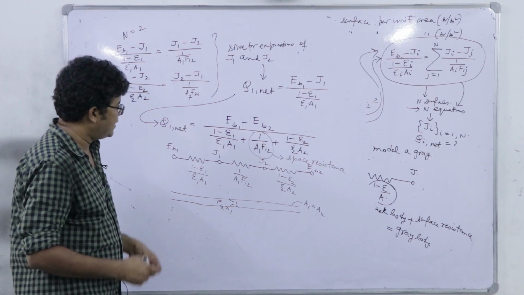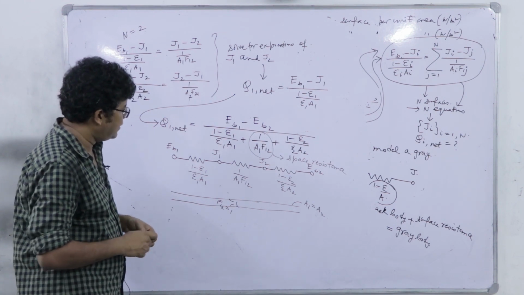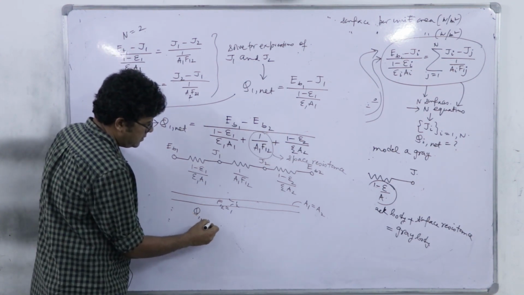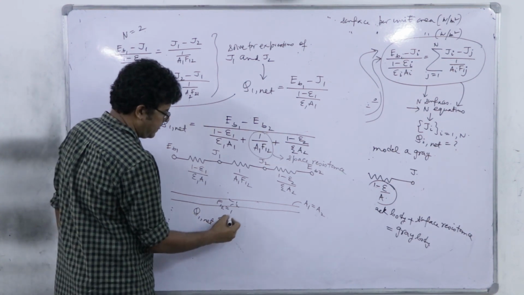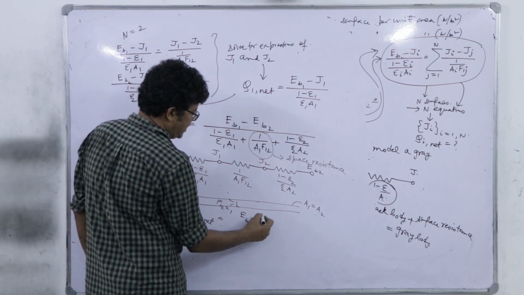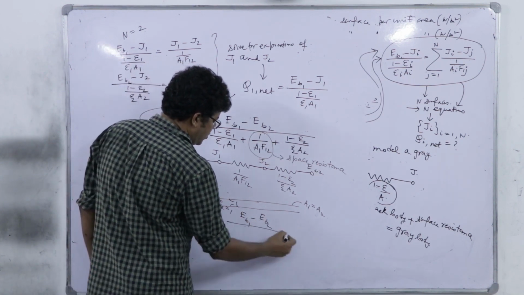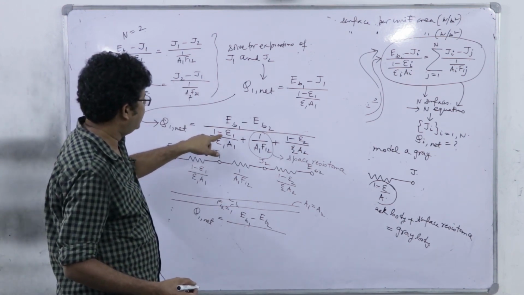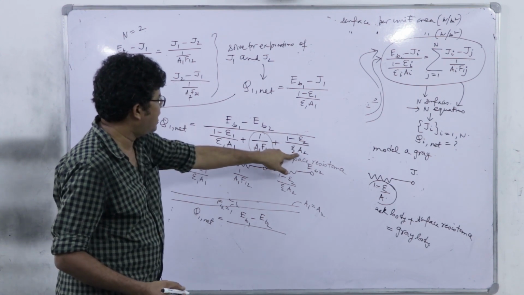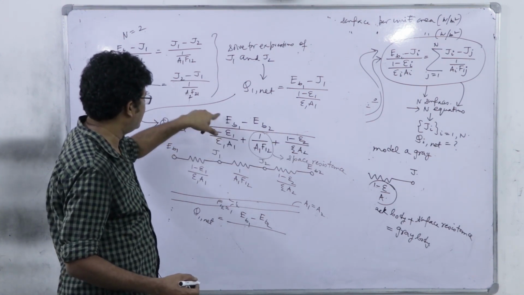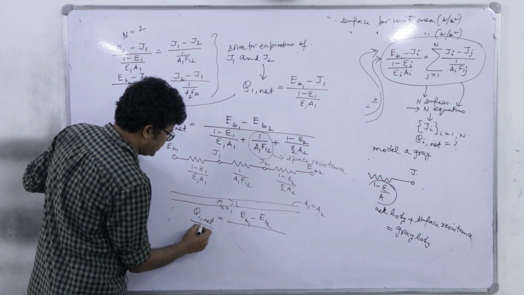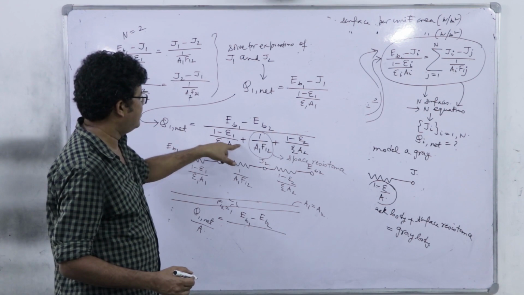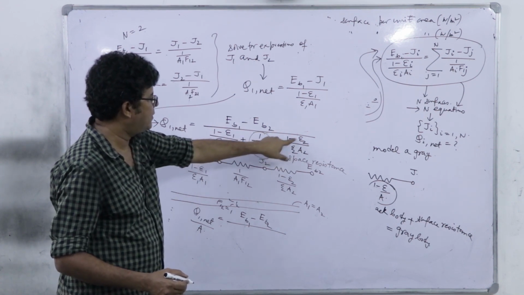So once we have this, immediately we can write that Q1 net will be Eb1 minus Eb2 divided by, with all these A1s going to the numerator so that we can write Q divided by A, 1 by epsilon 1 minus 1 plus 1 plus 1 by epsilon 2 minus 1.